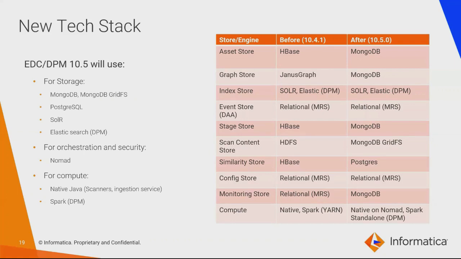And finally, all the compute activities will now go through Nomad for EDC. Before, we were using native applications on Yarn. Now we will leverage native applications on Nomad, and Data Privacy Management will leverage Spark as a standalone service.